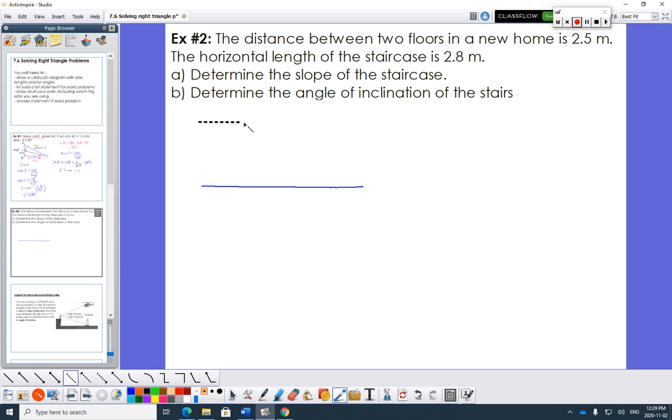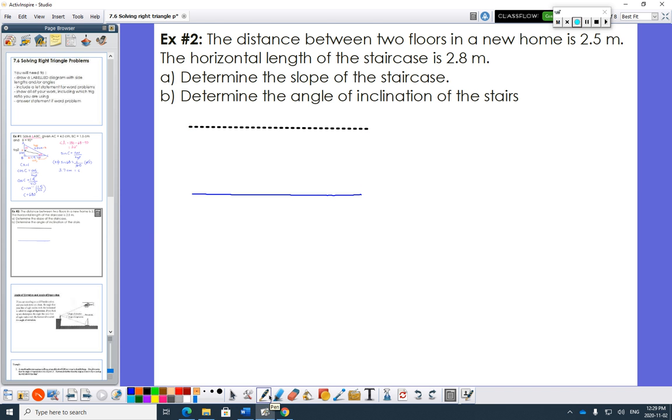And floor 2. So when you draw two lines like that, that does not look like a triangle, okay? So sometimes when you draw a picture, there's going to be extra stuff that you don't necessarily need, okay?